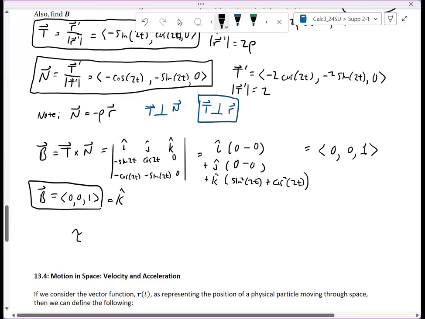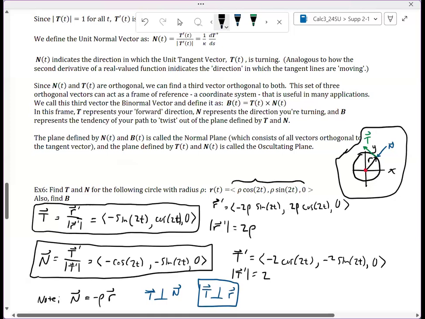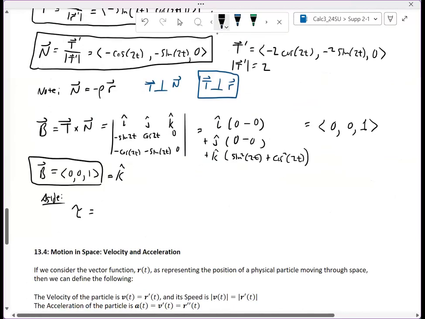And this is a side note. I'm not sure if this is even in the Stewart book, but it's an aside to make this bit make a little more sense. The torsion, by convention, is defined with a negative.